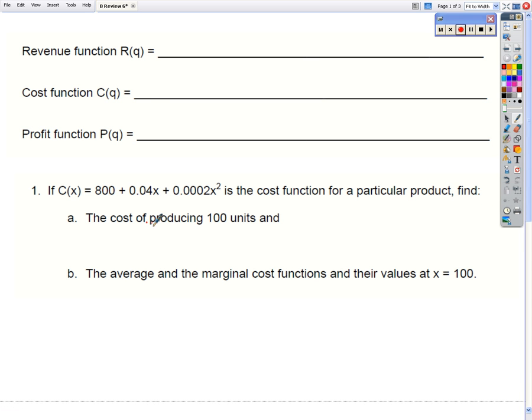Okay, so for this part of the exam review, we're going to review the cost function, and this goes back to optimization when we were finding the maximum profit or the maximum revenue. The revenue is the money that you earn per unit. The cost function is the money you spend per unit.